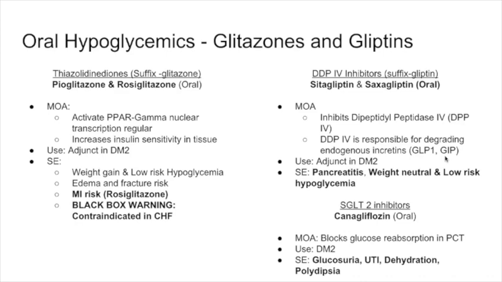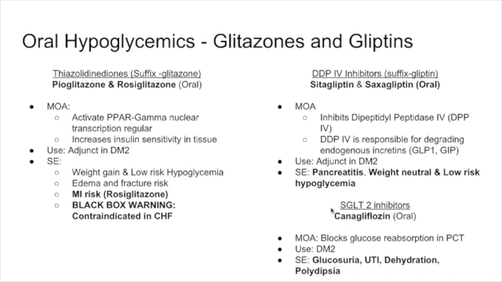These hormones decrease gastric emptying and improve satiety, but they're broken down by this enzyme, DPP-4. So you can inhibit that enzyme and you'll have a longer half-life of these endogenous incretins. They're used as an adjunct in type 2 diabetes. The biggest side effect is pancreatitis. And if you remember, exenatide, which is the incretin analog, causes pancreatitis as well. These medications are weight neutral and have low risk for hypoglycemia.